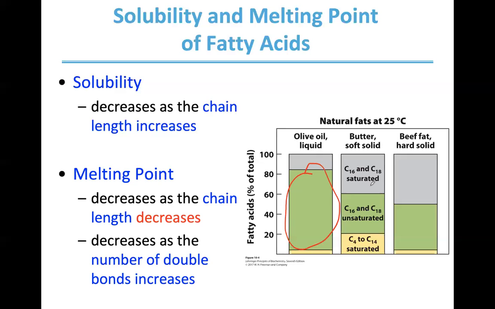It's not totally liquid, and it's not totally solid. It has a high proportion of saturated fatty acids, though there's still quite a bit of unsaturated fatty acids, so it's reasonably good but not as great as olive oil. And fat that is hard solid, for example beef fat, is more than 50% fully saturated fatty acids.